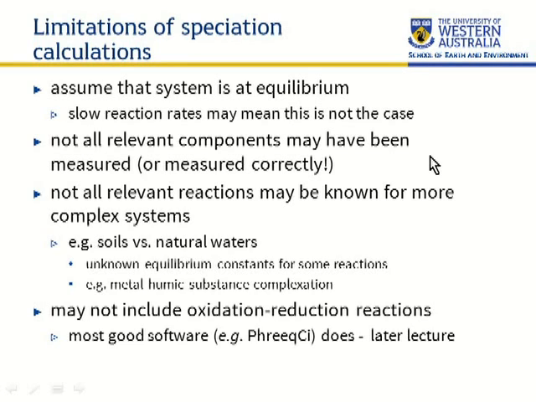Our measurements may be wrong. Well, seeing our modelling is based on some measurements, total concentrations, for example, that can be quite a valid criticism of equilibrium modelling. We may not know all the reactions. For example, some of the reactions with natural organic matter are pretty poorly defined, and it also depends on where the organic matter comes from.